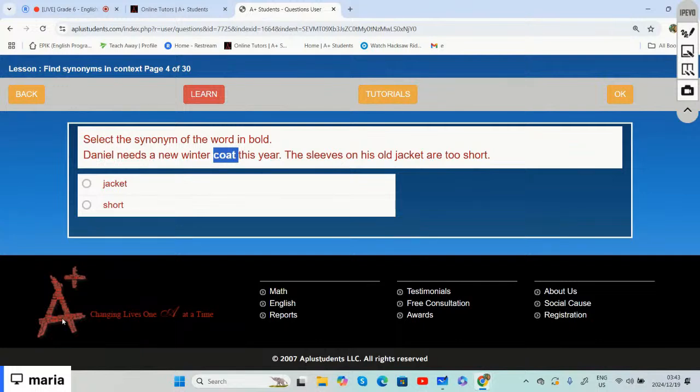And if we were to choose the correct option, another word for coat is a jacket.